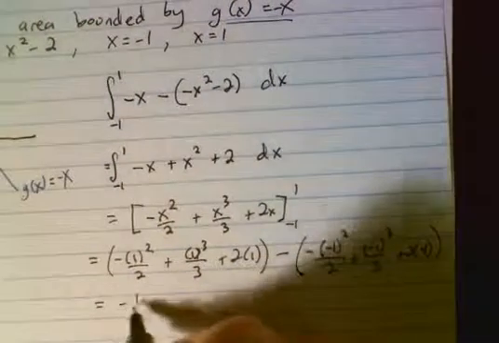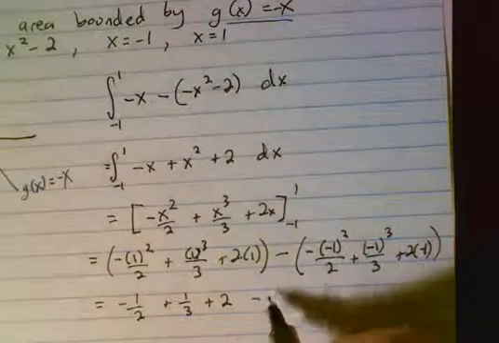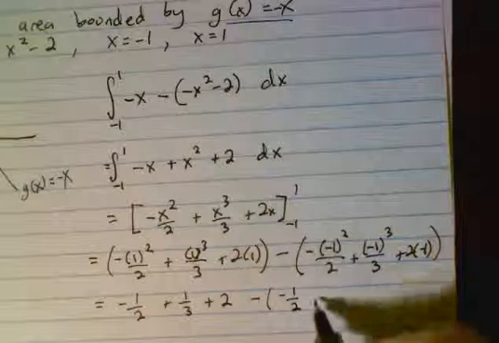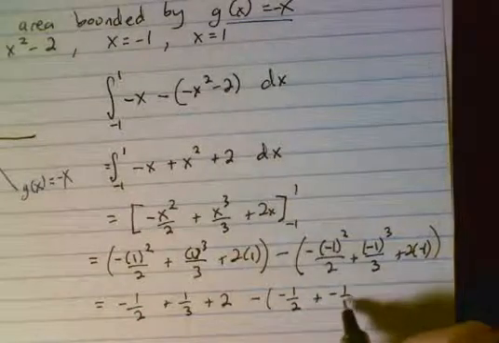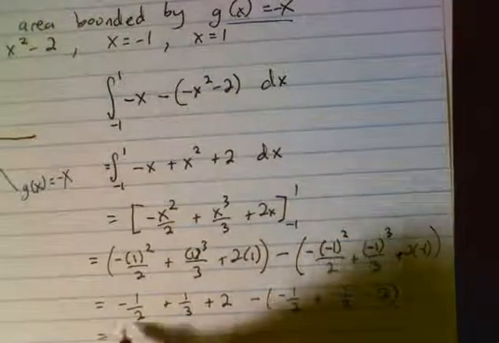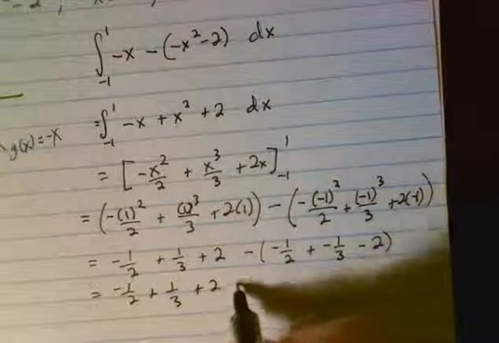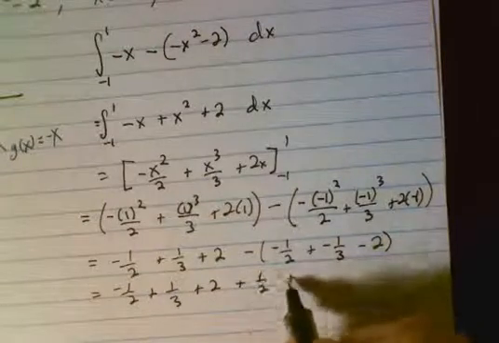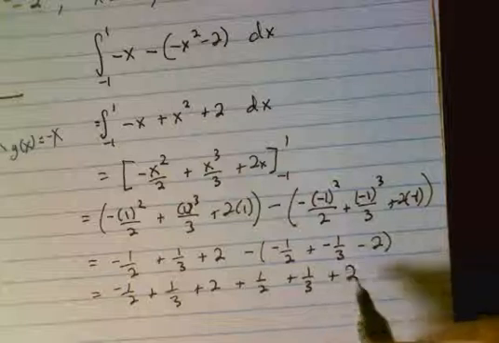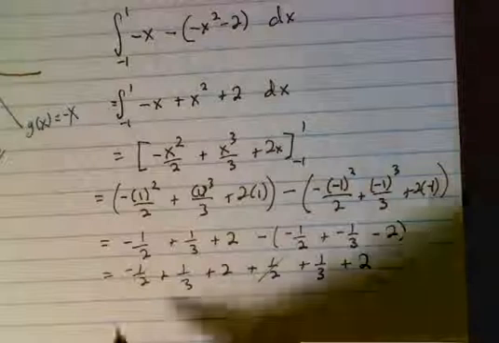Okay, that gives us negative 1/2 plus 1/3 plus 2 minus, so negative times negative is a positive, times a negative is 1/2 plus negative 1/3 minus 2, and then we distribute this negative, these two subtract to be 0.